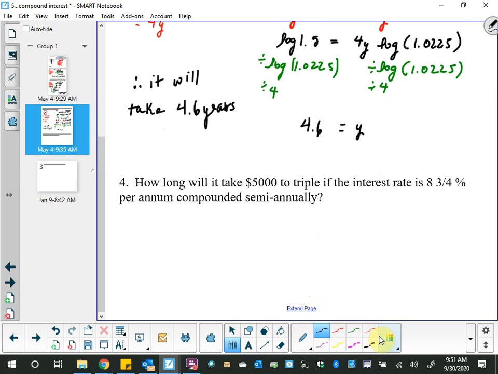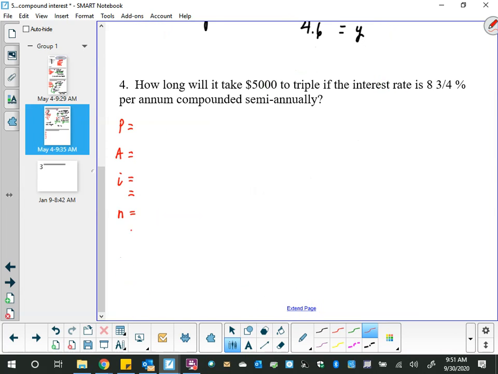All right, last question for today, or last question for compound interest before we go on to exponential in a totally different lesson, just to keep these a little bit shorter. Interest rate, I can pluck that out and not have to worry about it. So 8.75 divided by 100 divided by semi-annually, 2.